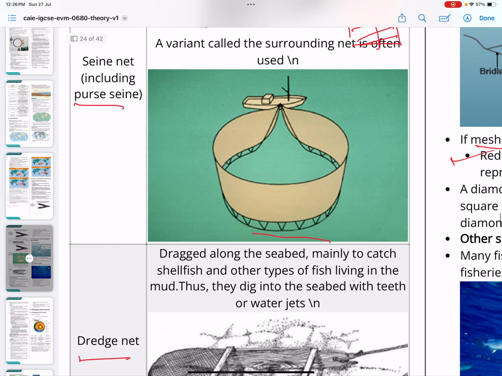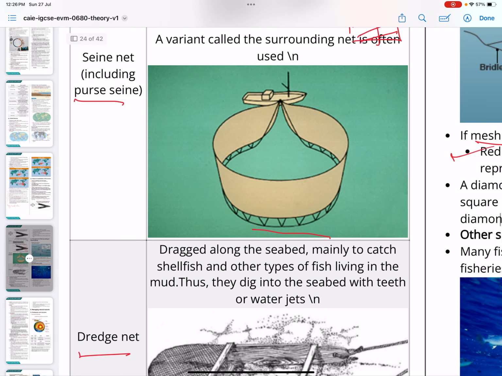Apart from it, there is another type of fish net which is called purse seine or seine net, wherein a funnel shaped net is being used, as you can see in the picture, and this type of net is highly favorable if you have all the fish gathered at a particular area called a fish school. If a large quantity of fish are available at a particular area, then you can use this type of net.